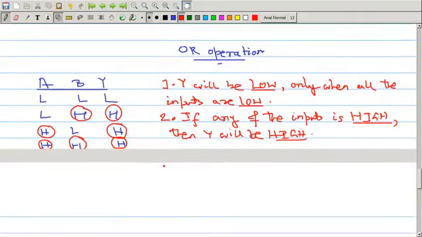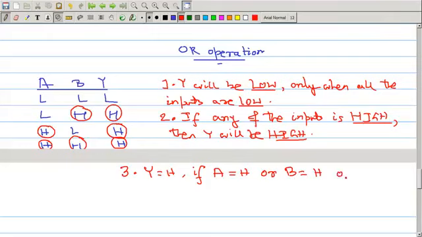And point 3 is just an alternative way of expressing point number 2. So here I write Y equals H if capital A equals H, or capital B equals H, or capital C equals H, and so on. And this is the reason why we have the nomenclature called OR gate.